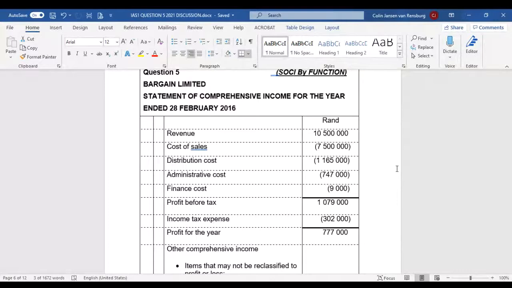So therefore, we must distinguish some way or the other, which in the case of the statement of comprehensive income, which items are income and which items are expenses, or costs in this case, right? So how do we do that? All our incomes will be shown as positives. And all our expenses, if we are using the nature method, and in this case we are using the function method, all our cost functions must be shown as negatives. So those figures must be shown in brackets.